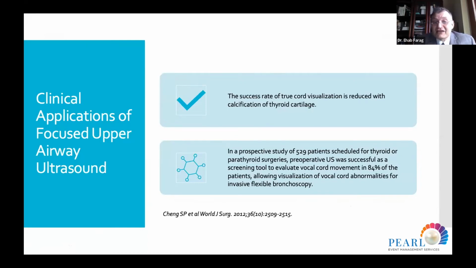A prospective study of 529 patients scheduled for thyroid or parathyroid surgeries found preoperative ultrasound was successful as a screening tool to evaluate vocal cord movement in 84% of the patients, allowing visualization of vocal cord abnormalities before invasive flexible bronchoscopy. And even after surgery, you can apply that for the patients before you apply the bronchoscopy to ensure the vocal cords are intact after thyroid or parathyroid surgeries.